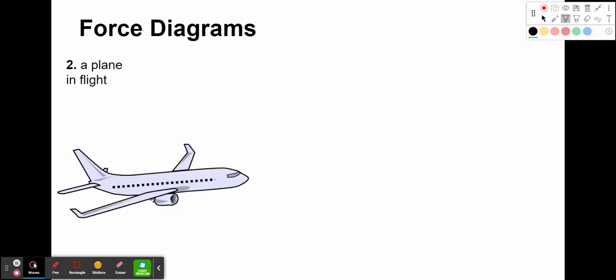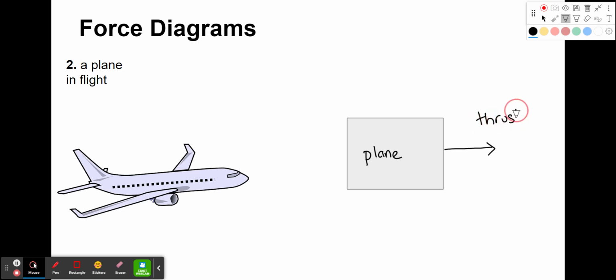In the next example, we can think about this aeroplane in flight. And again, I like to start off with a box, make my diagrams really, really simple, and think about a plane. Now, there may be some thrust pushing that plane forwards. And there will be some air resistance applying to the plane as it flies through the air.